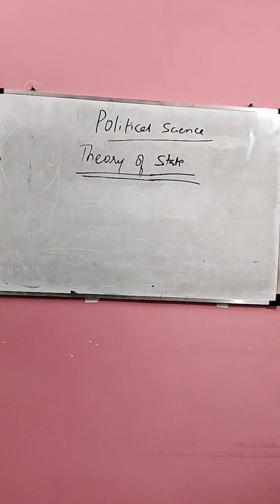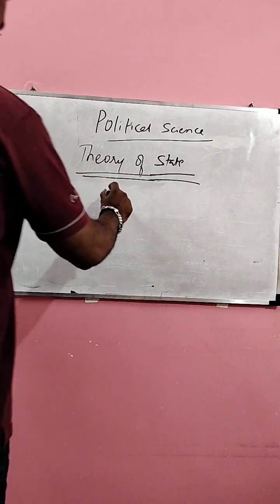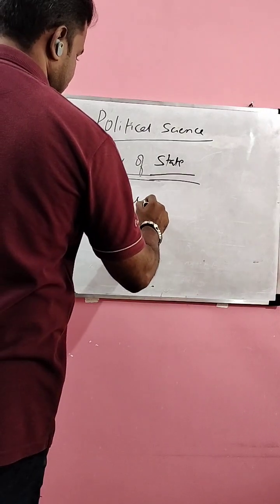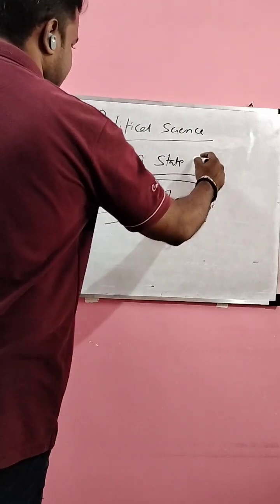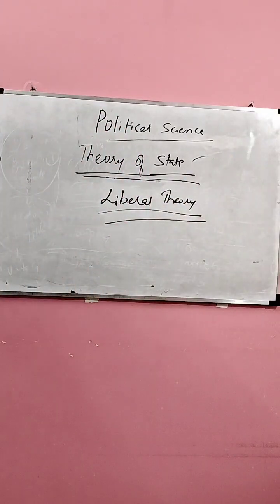In this lecture, we are going to study the liberal theory of state, within the larger concept of theory of state. Studying the liberal theory of state is very important for a student of political science.